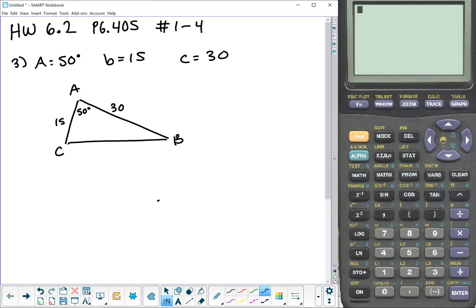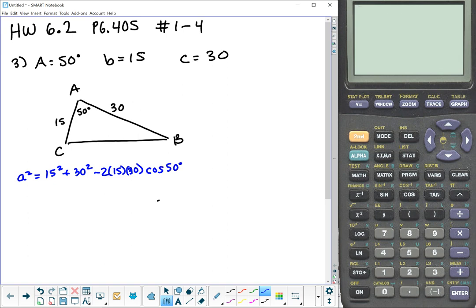All right, so I'm going to go ahead and start first with finding side A. So I'm going to have A squared equals B squared, which is 15, plus C squared, which is 30, minus 2, and then you're going to use the 15 and the 30 again, and then cosine of the angle A, which is 50 degrees.